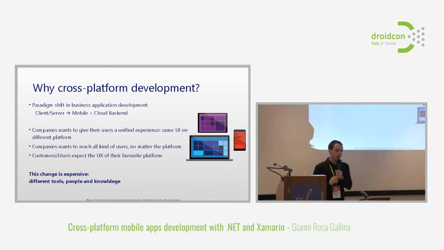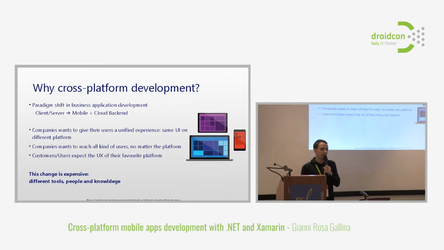This is because companies want to let their users get the most from their preferred device. Somebody prefers iOS devices, somebody prefers Android, others prefer Windows. And they want the same UI and possibly the same behavior on all three devices. Okay.